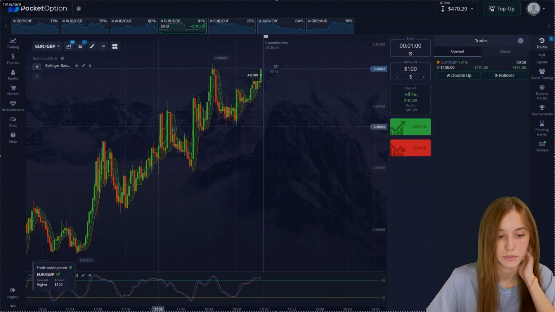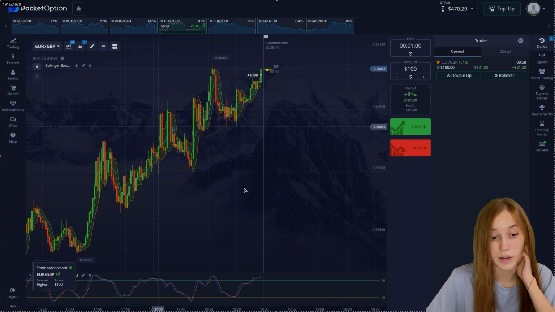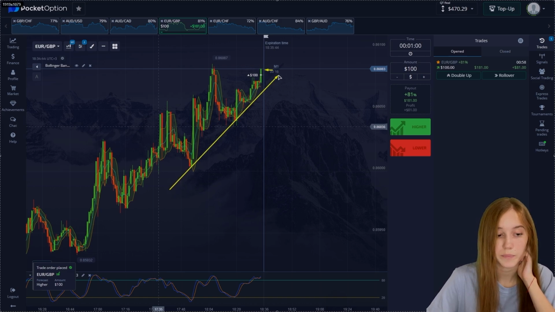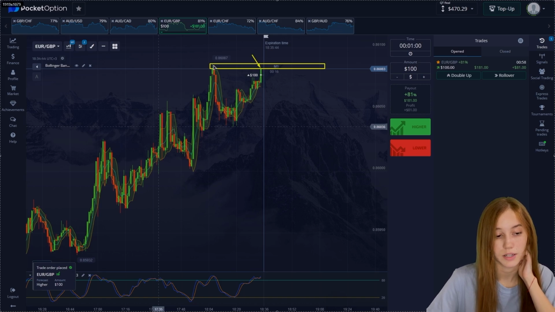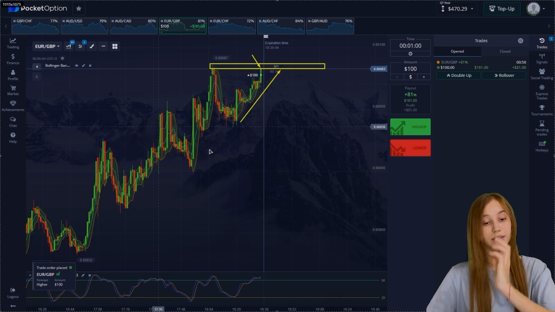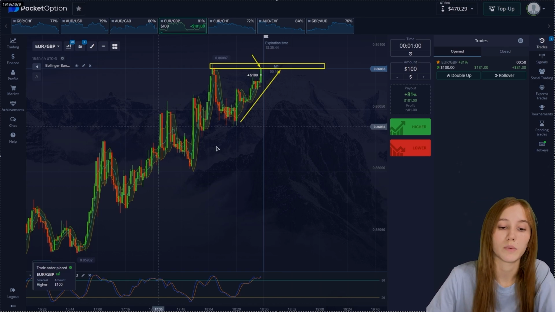Bollinger Bands says it's going up. Stochastic is also in the upper position. Too much growth is happening in our chart. 3 seconds left. And the deal closed with a plus, good. That's nice. Our balance is $651.